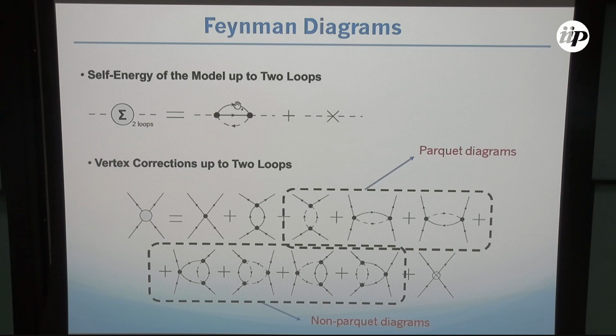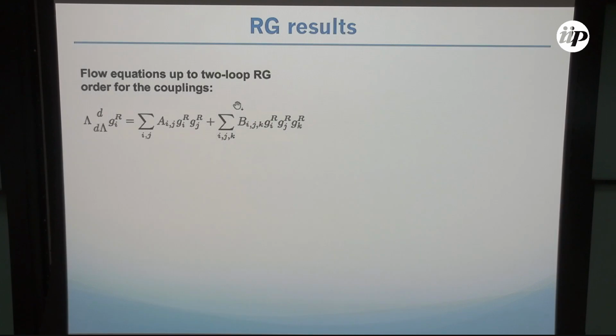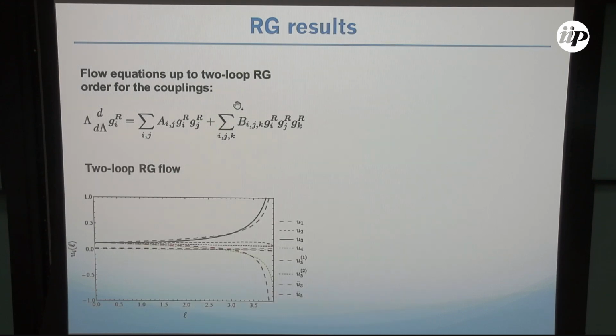We need to calculate the Feynman diagrams. So this is the self-energy up to two loops. And we also have to calculate the vertex corrections up to two loops. These are schematically the Feynman diagrams that we have to calculate. Once we do that, we obtain flow equations up to two-loop RG order for the couplings, which are given here, and we solve these equations. So this is the plot here.